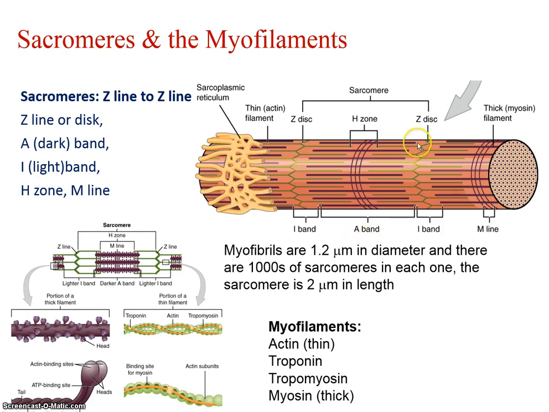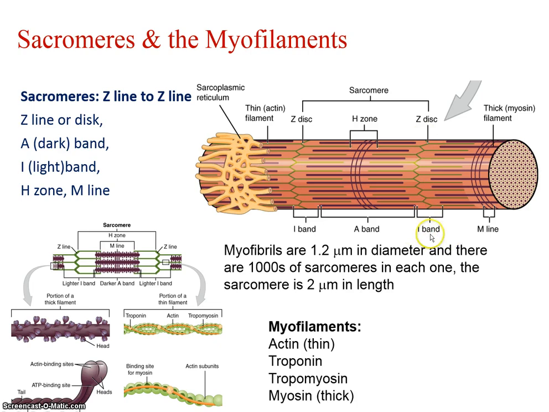An area that has only actin is really from one sarcomere into the next, because these are joined all the way down this really long cell, again within a myofibril. Remember, there's many myofibrils in one cell. So this area, which is only actin, which spans from one sarcomere to the next but is really a fairly small area, is called the I band.